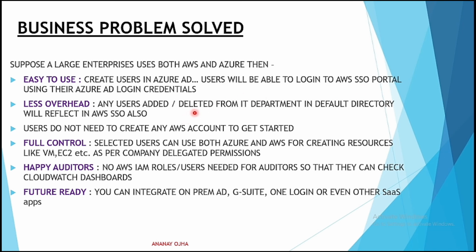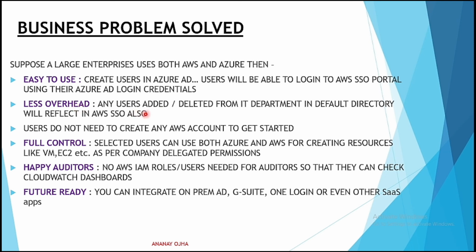If you have enabled multi-factor authentication, then you can use that. If you want conditional access, for example permitting sign-in only from the India region and blocking sign-in attempts from other locations like Pakistan or USA, then you can also create that.